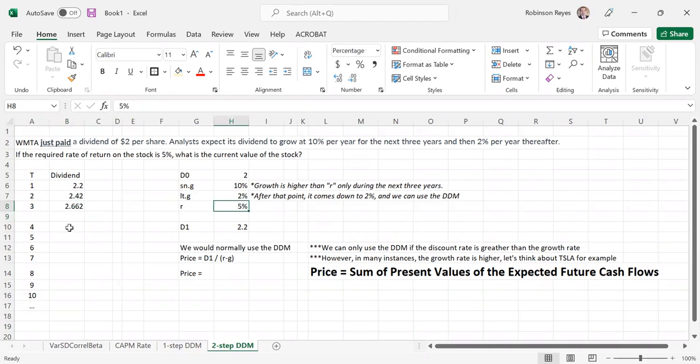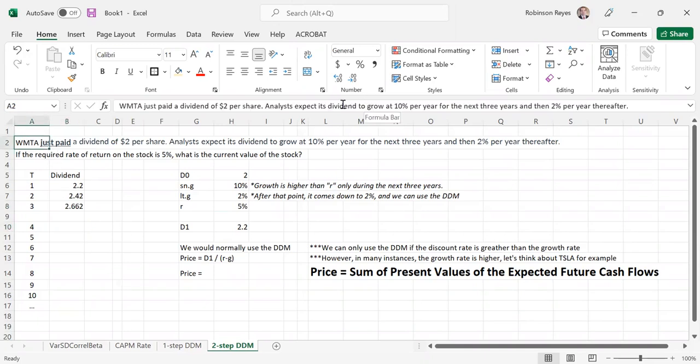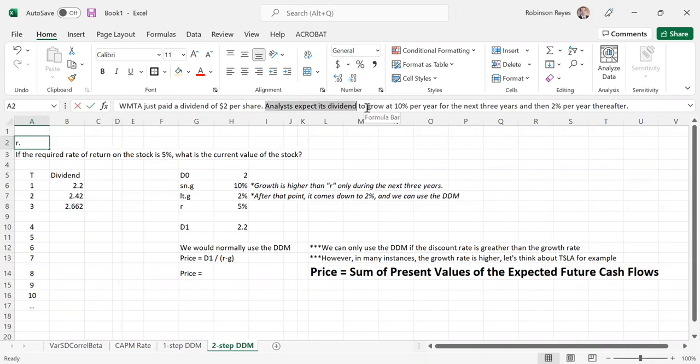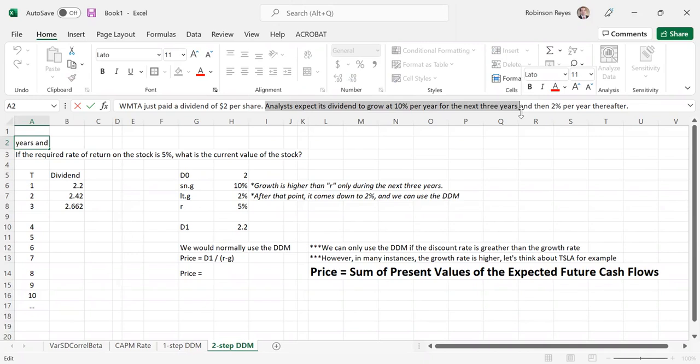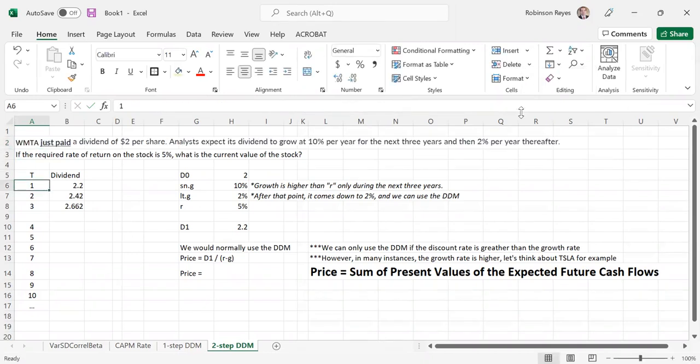However, starting on the fourth dividend, okay, so look back. Let's look at the question again. Analysts expect the dividend to grow at a 10% per year for the next 3 years, and then 2% thereafter. Thereon, so starting in dividend 4, this fourth dividend will grow at that 2% and no longer at the 10% rate, because at that point the company reached this stable stage in the business life cycle.